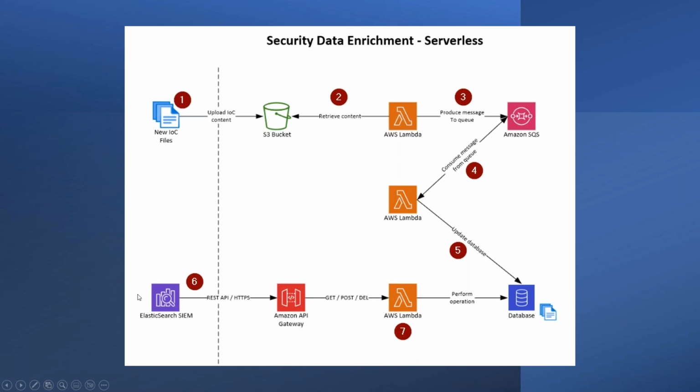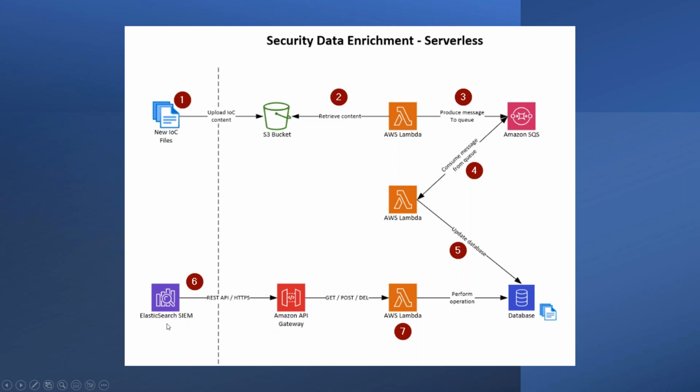When my security team needs to retrieve or run a query to find information that would be useful for an investigation, they basically engage REST APIs over HTTP or HTTPS that connect to an Amazon API Gateway for GET, POST, or DELETE.